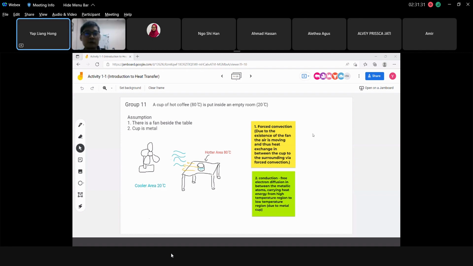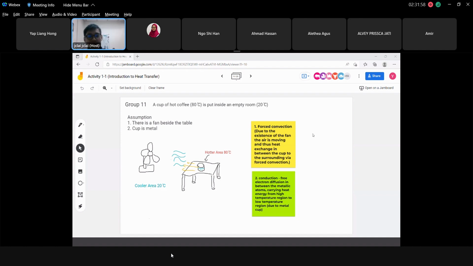Okay, good. Then can you please tell me how fast the heat can be lost from the outer wall of the cup to the moving air depends on what? You don't need to refer to any notes. You just use your logical thinking. In daily life, how can you cool this cup of coffee, or cool the cup surface, faster?